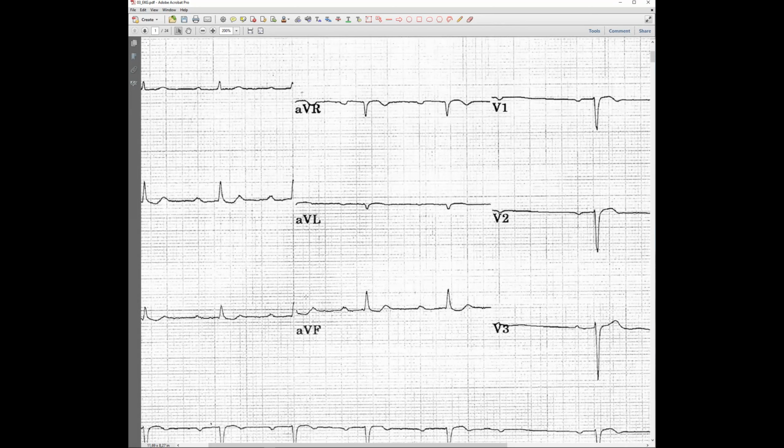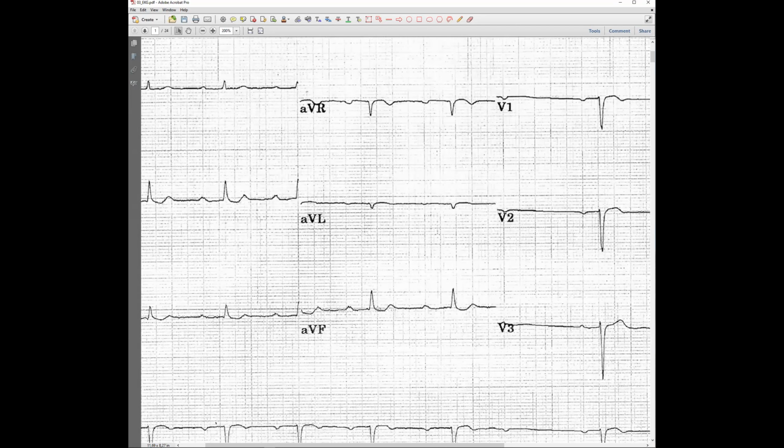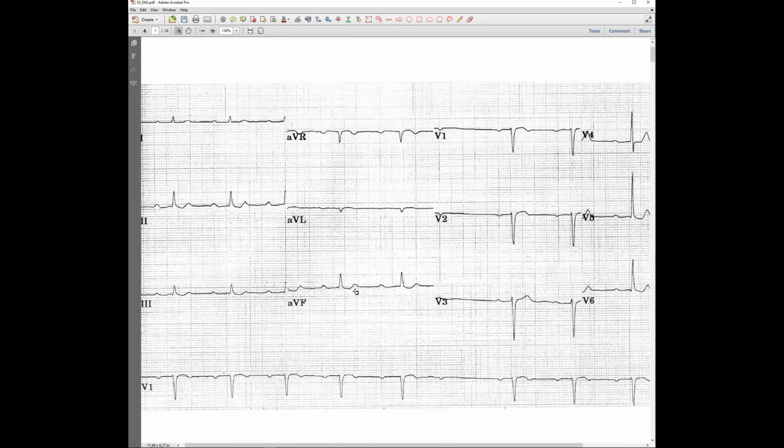So that can indicate an AVF as well, all right? Can you see it? And we said that about 0.5 millimeter is enough to diagnose. So that can be an inferior subendocardial ischemia, okay?